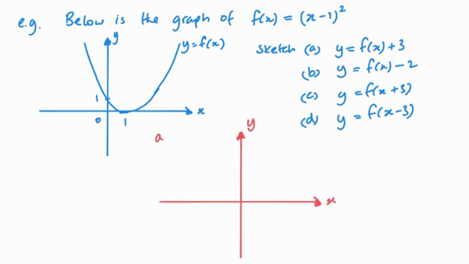So looking at the first one, we're drawing y equals f of x plus 3. So this is a vertical translation, so vertical movement of 3. So it's an increase of 3. So everything's going to move up by 3.